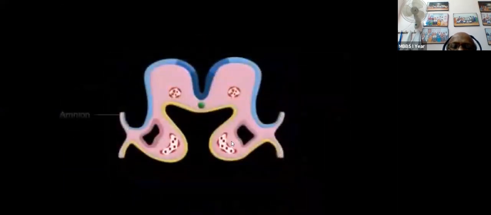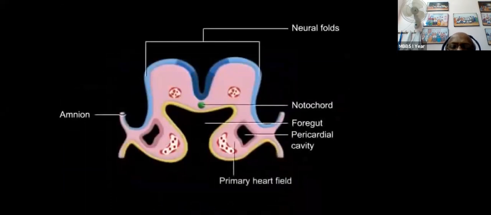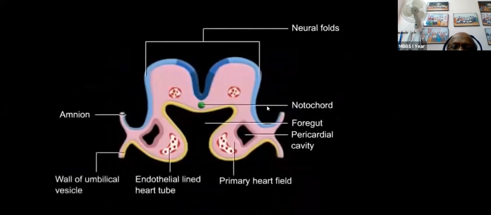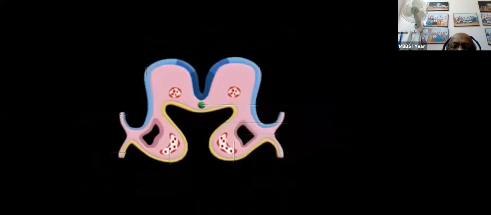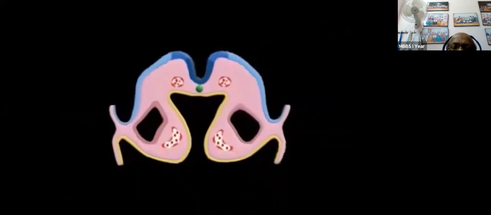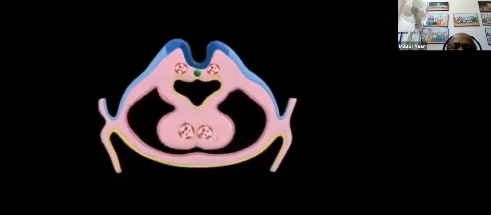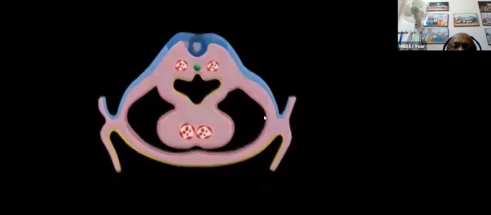See, these are the two endothelial heart tubes. During the lateral folding of the embryo, these two will approach, so you will have fusion of the two endothelial heart tubes together. See that two tubes are there, they are getting fused.